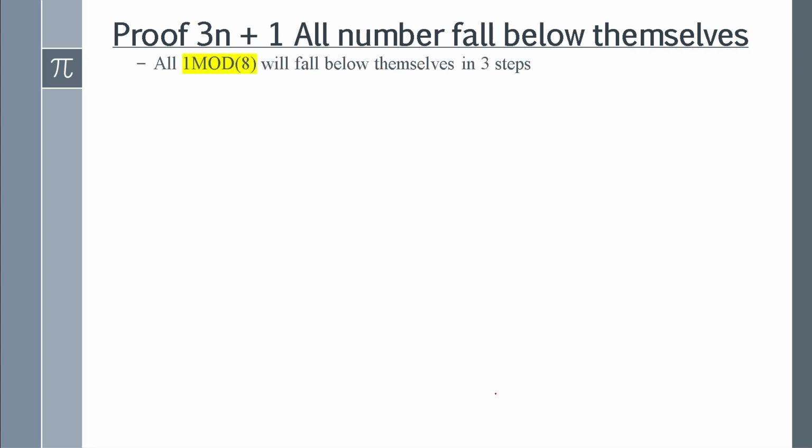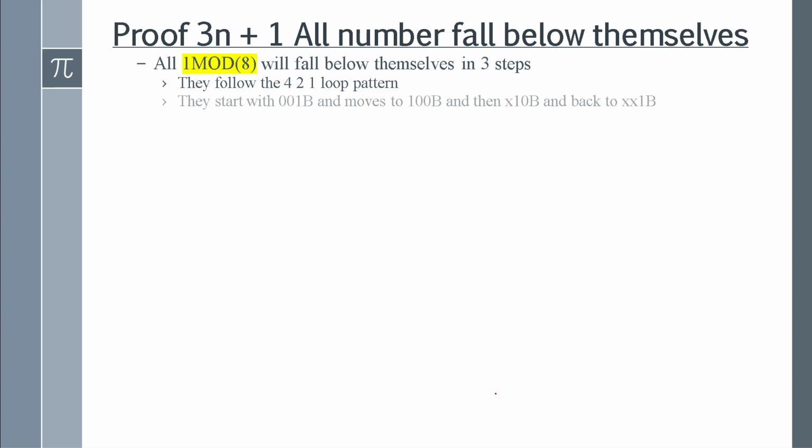So all 1 mod 8s fall below themselves in 3 steps. They follow this 4-2-1 loop pattern, right? So I start with 0, 1 as my binary, and I do a multiply by 3 and add 1. I'm going to be at 1, 0, 0 binary, and then I'm going to be at x 1, 0 binary, and then x 1 binary.